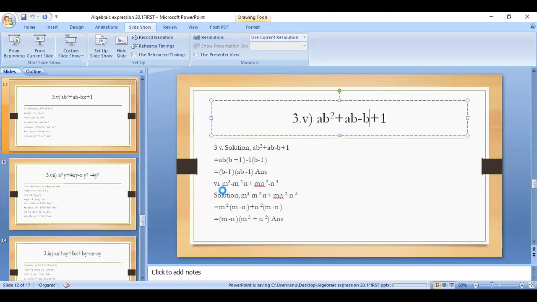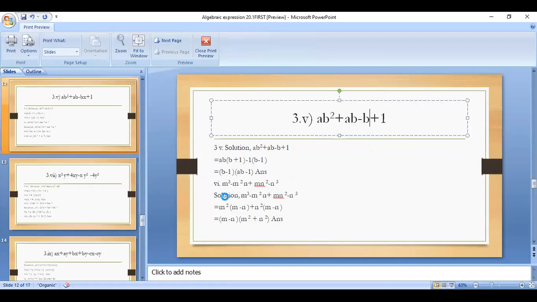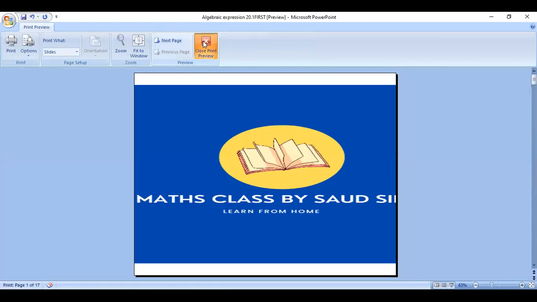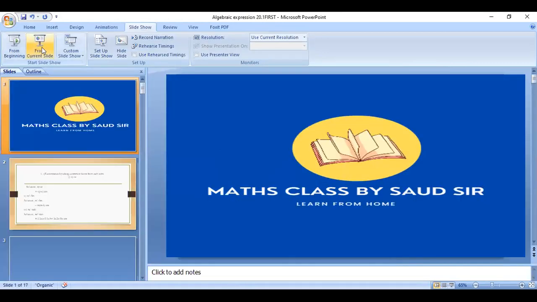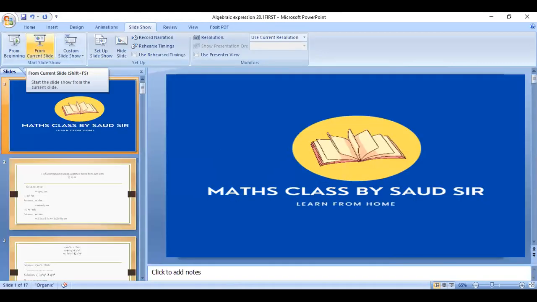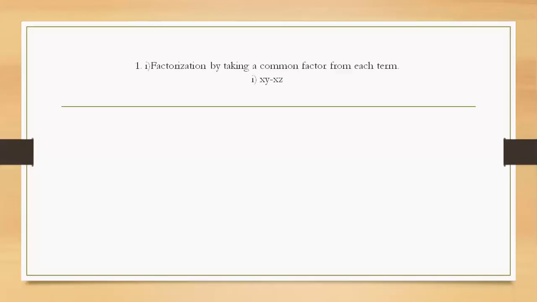And look, in this vi number also you have become clear. Okay, children?